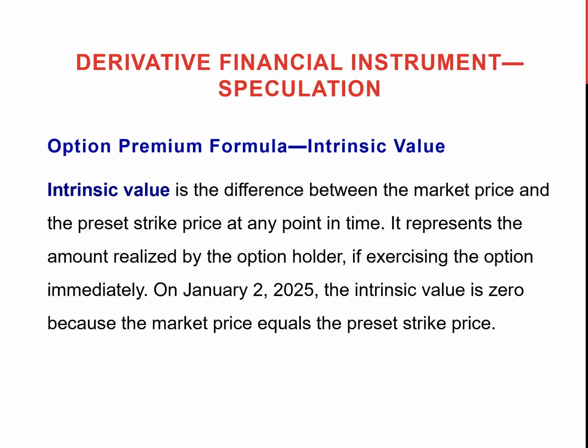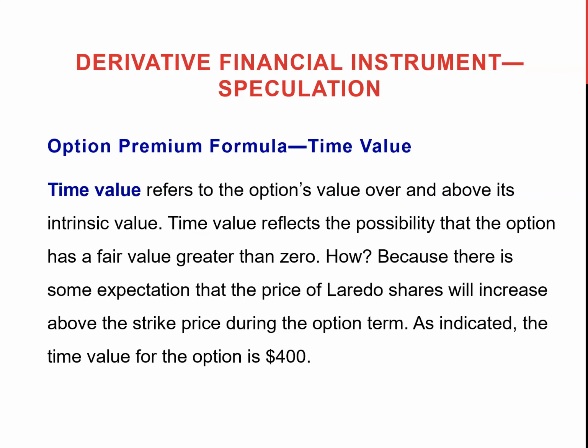So basically we have $0 intrinsic value. On the other hand, we recorded here the $400 for the option price. So this entire $400 is because of the time value. So time value is the total option premium minus the intrinsic value.